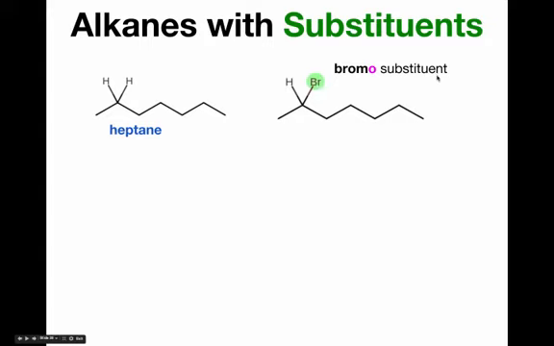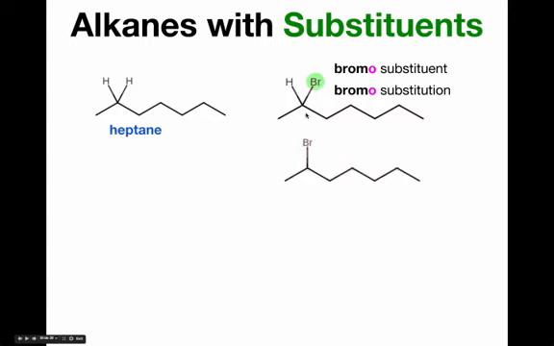That's how formally it's supposed to be pronounced. Or if you want, you can say that this is a bromo substitution. So this molecule over here is an awful lot like heptane because it has 7 carbons, but one of the hydrogens is missing, and in its place is a bromine atom. So this is called a bromo substituent.